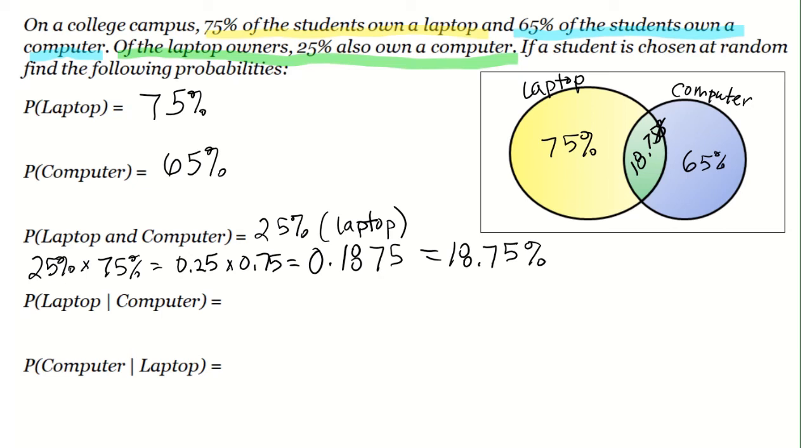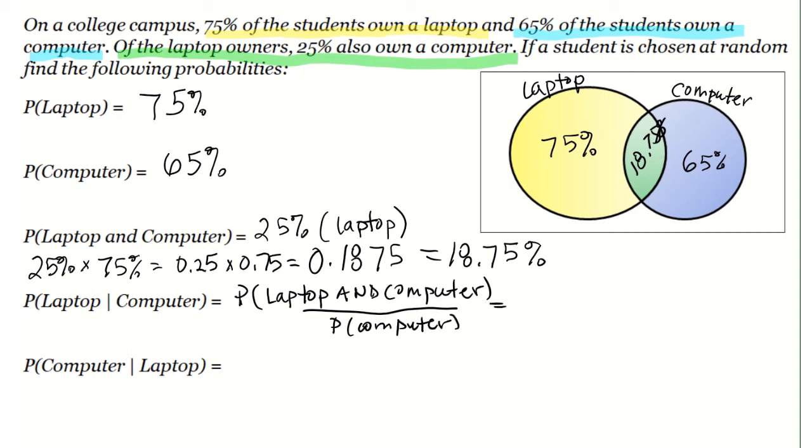And if you'll recall, when I'm doing a conditional probability, I'm looking for the probability of the laptop and the computer divided by the probability of the computer.